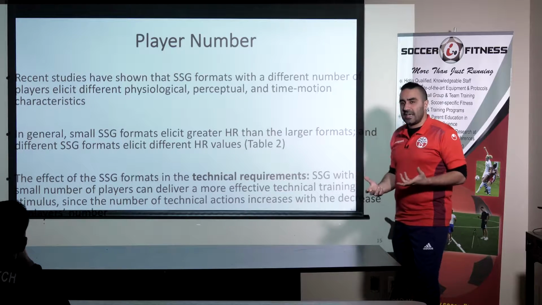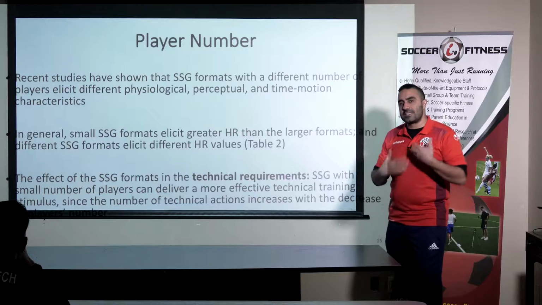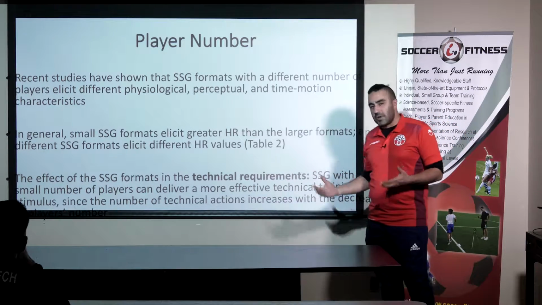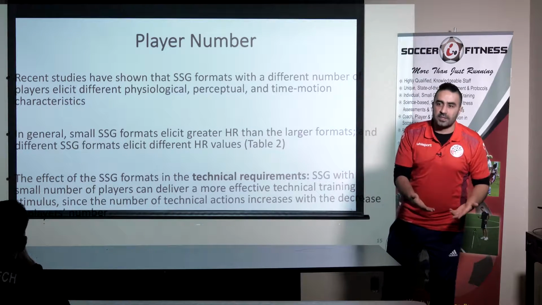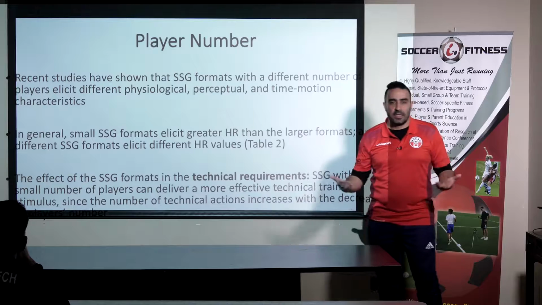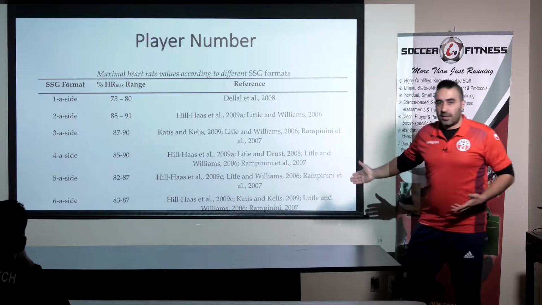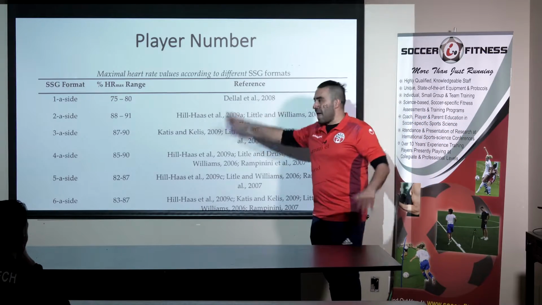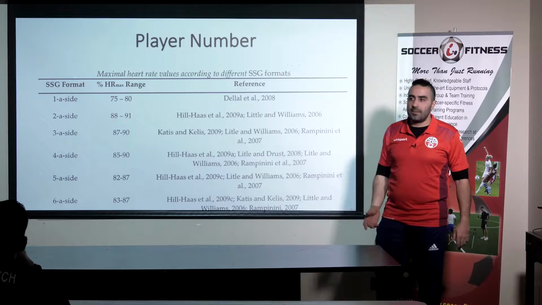And so small-sided games with a smaller number of players also deliver a more technical kind of practice to the players, since the number of technical actions is increased due to the greater involvement of the players and the less hindrance they have. So here is a table that shows the maximal heart rate values according to different small-sided game formats.